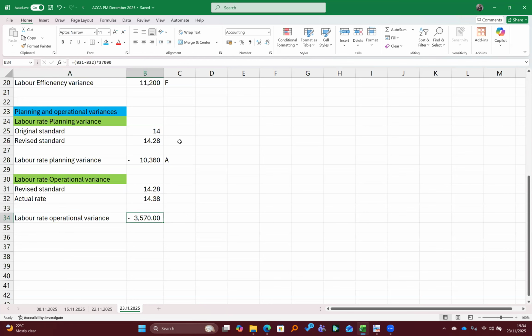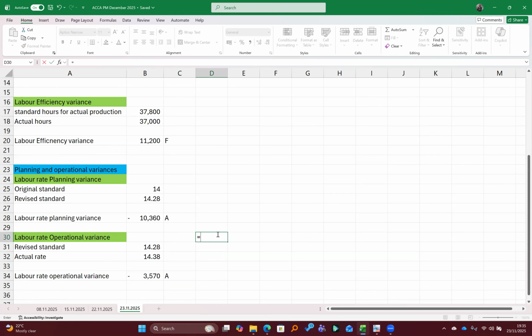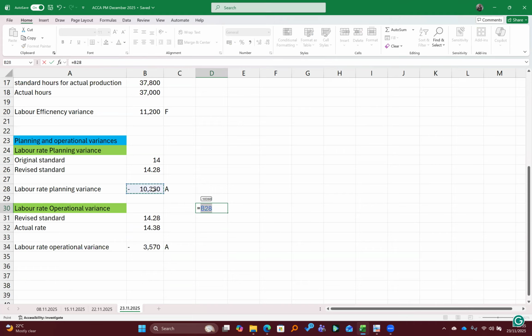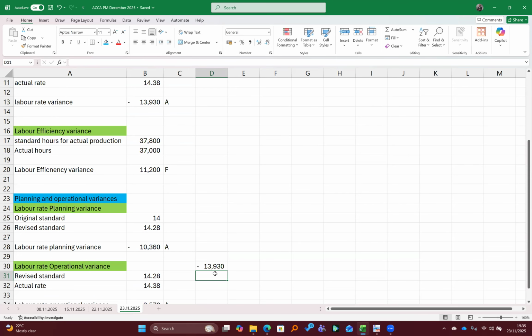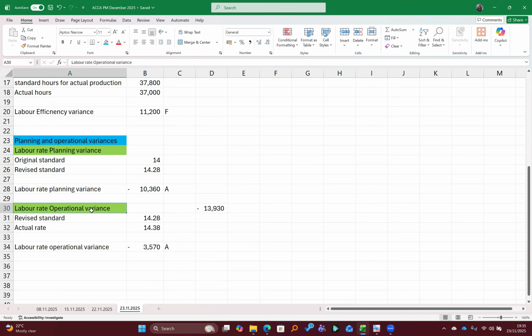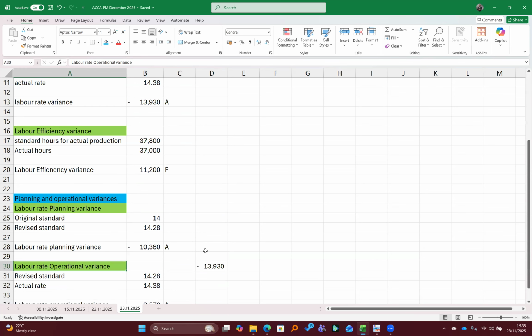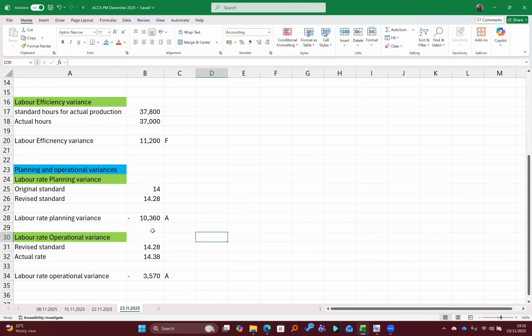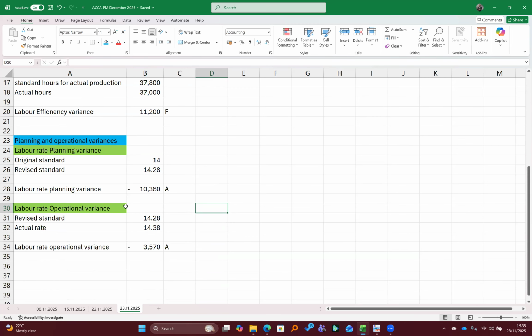Which is again adverse because the actual rate is higher than the revised standard. And you can see if you add this to this, you get the original 1390 that we had before. So this is just splitting, trying to explain what portion of this variance is because of planning and what is because of operational causes. So they have to add back to that figure. So that is the labor rate operational variance.